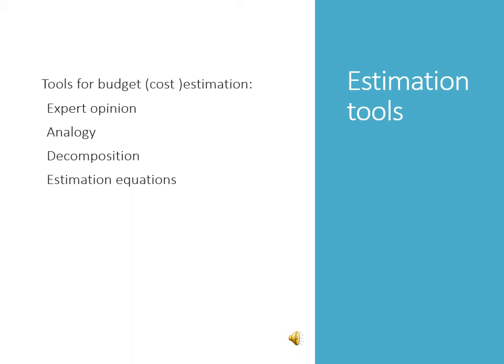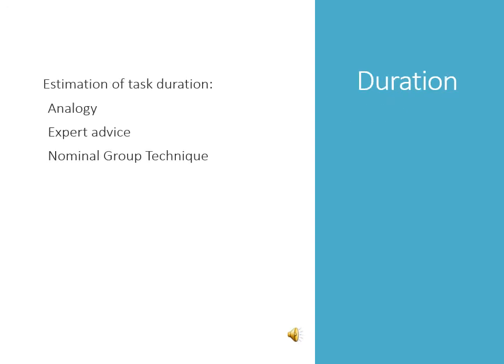The tools for budget and cost estimation are expert opinion, analogy, decomposition, and estimation equations. While for the duration, in order to estimate task duration, you have analogy, expert advice, and nominal group technique.